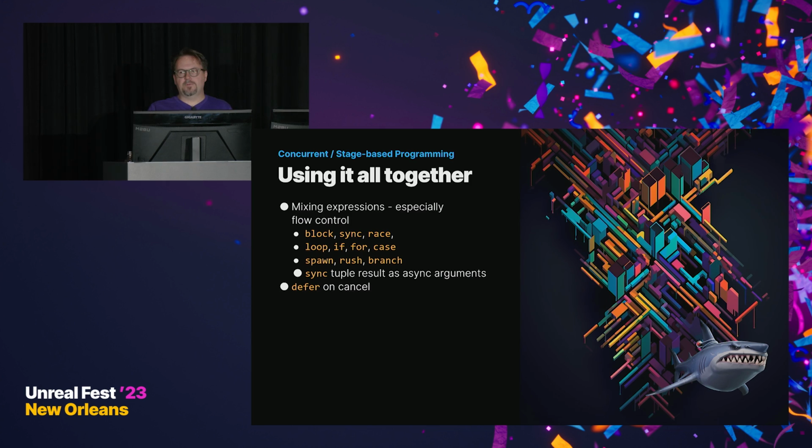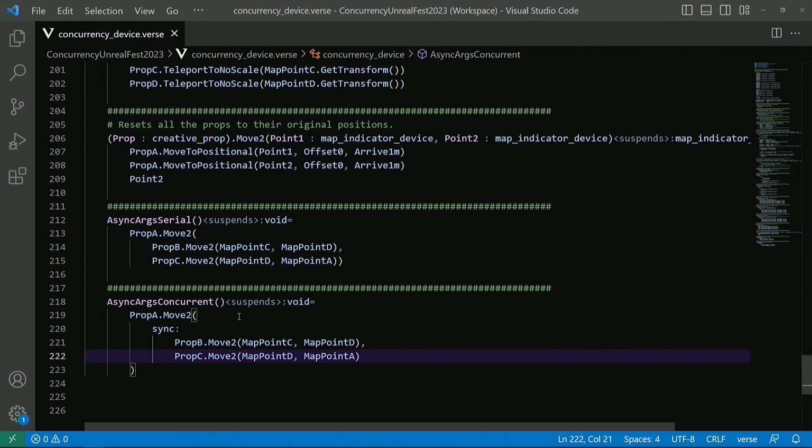So if you are doing some complex action and you really want it to do something if it happens to be canceled, the way that defer works is it's called whenever you exit the scope where it was placed. So that includes concurrency. So if concurrency is exited, if it's canceled, and there was a defer hanging around, it will run it. So I'll show you some example of that.